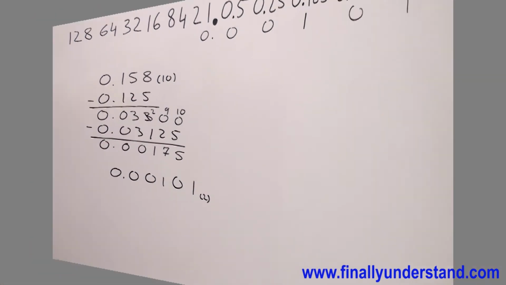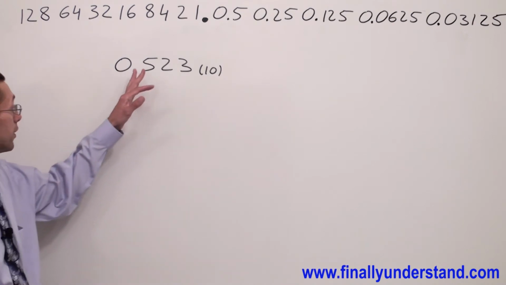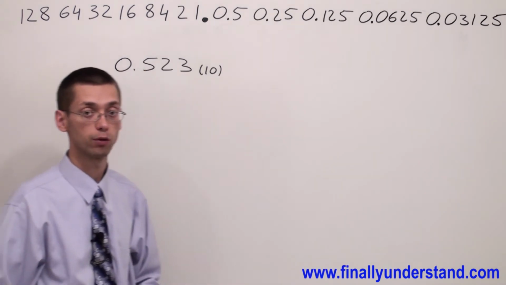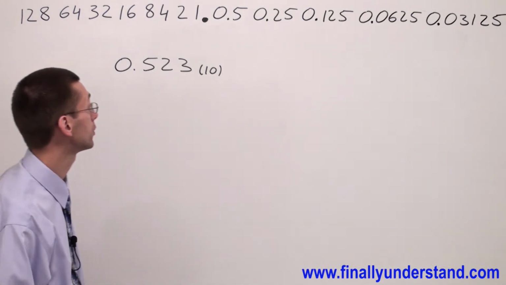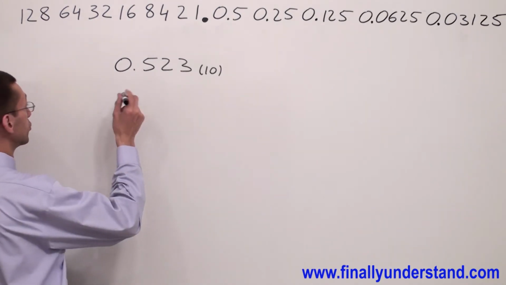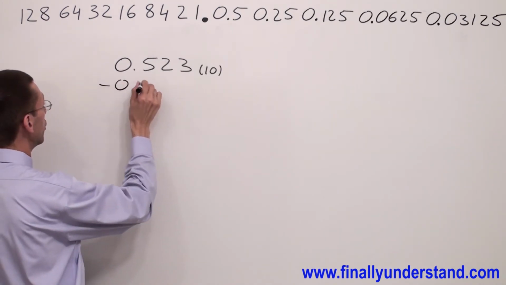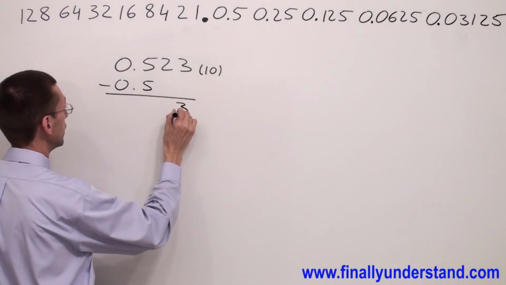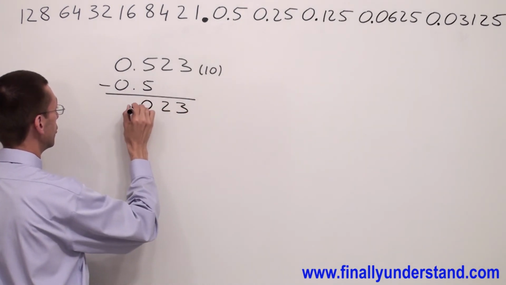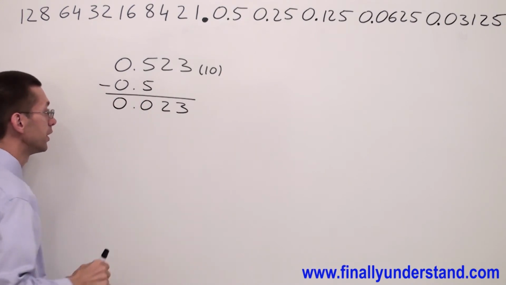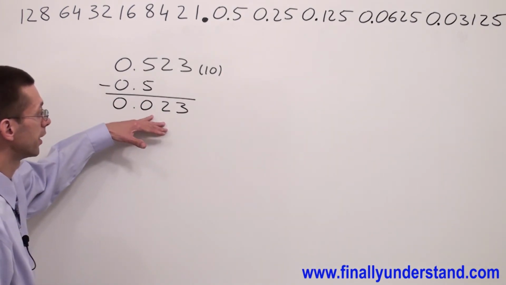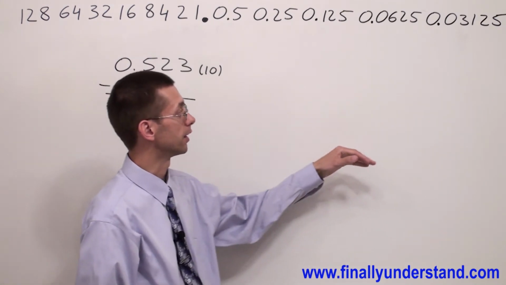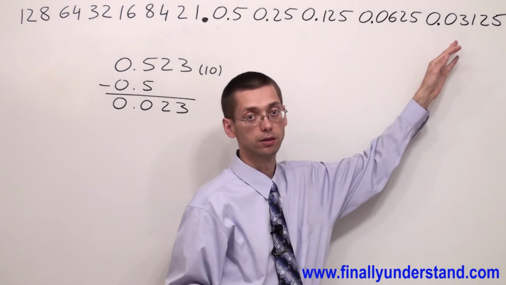This time we're supposed to convert 0.523,000 to binary. The highest weight which I can subtract from it is 0.5. Subtract. We have 0.0. Please notice that the value which we have obtained is lower than the lowest weight on the board.